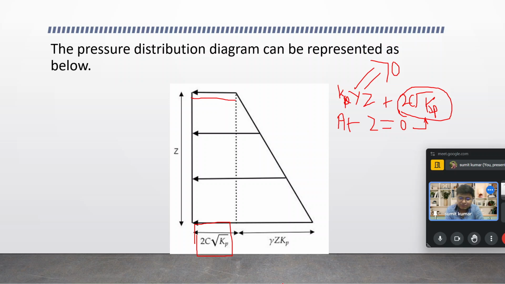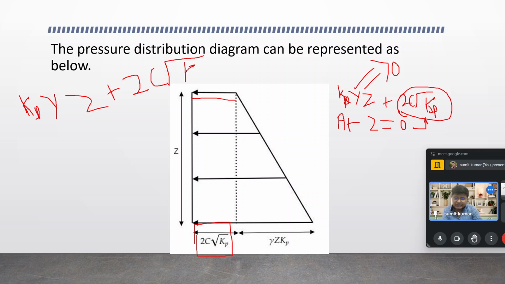Over here the 2c root Kp is plotted as the value. You know that we have the interrelation Kp gamma z plus 2c root Kp, 2c root Kp, right?